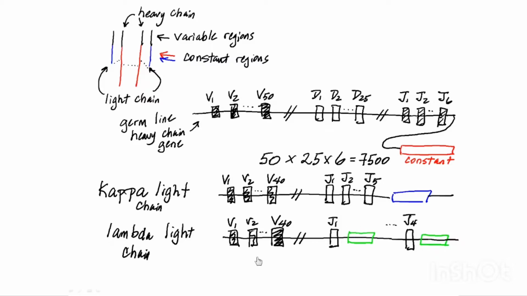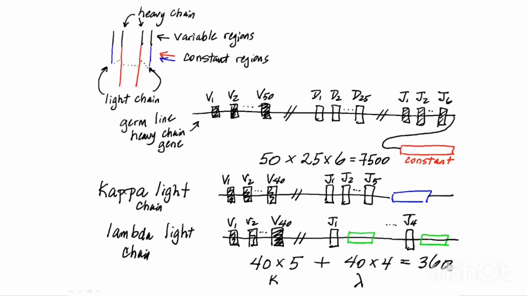So the total number of different ways you can have light chains is 40 times 5, the number of ways you can have kappa light chains, plus the number of ways you can have lambda light chains, which would be 40 times 4. And that equals 200 plus 160, which equals 360.